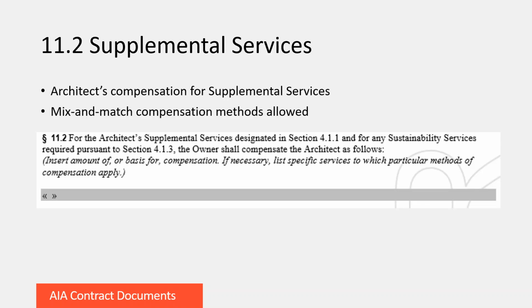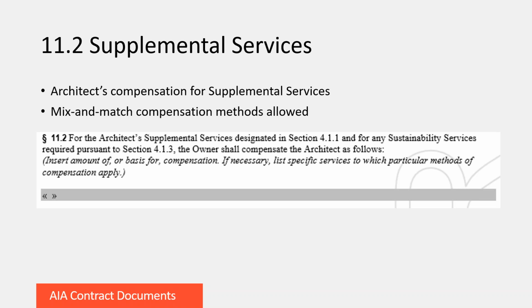through here chronologically. In 11.2, you describe how you get paid for these supplemental services. You can use a combination of methods depending on the service. So for example, I might charge hourly for historic archival research time as part of my historic preservation services, but I might charge just a stipulated sum for each historic paint analysis.